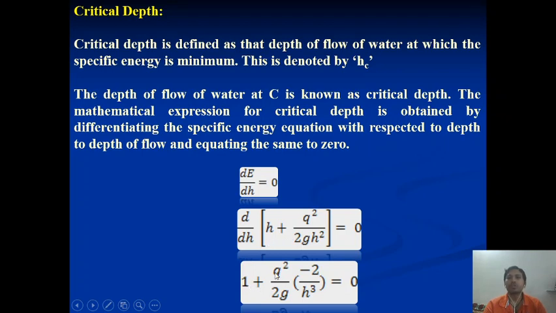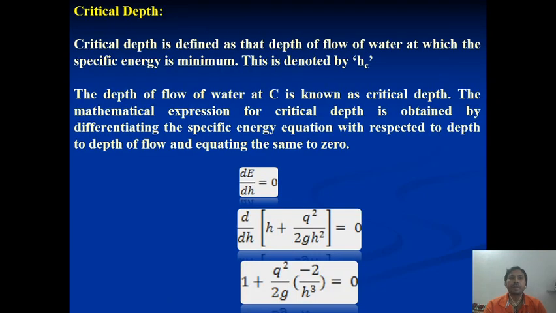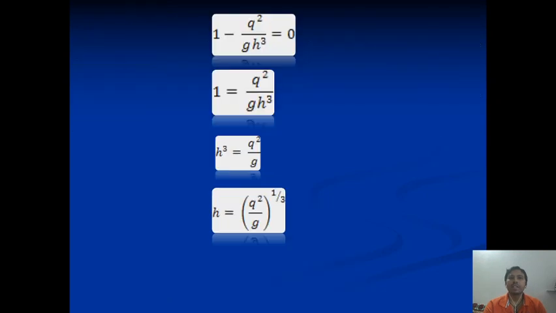So 1 plus q square by 2G into minus 2 over H cube is equal to 0. You know very well how to take the differentiation of this equation. So you can do the differentiation, and our main objective is to find the critical depth, which is denoted by Hc. So we simplify the equation and get the answer in the form of the depth H, right?